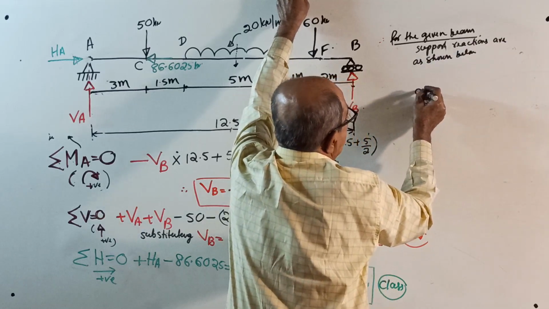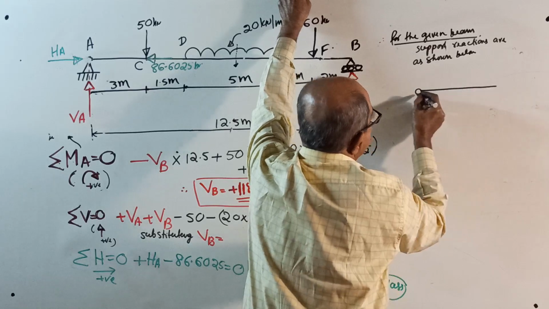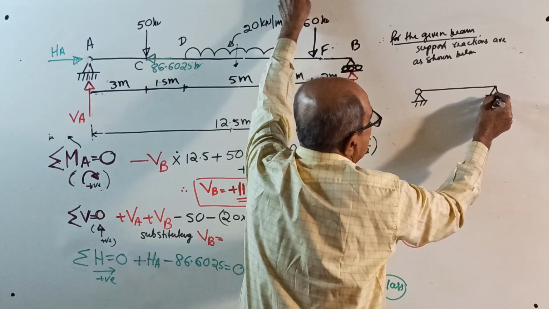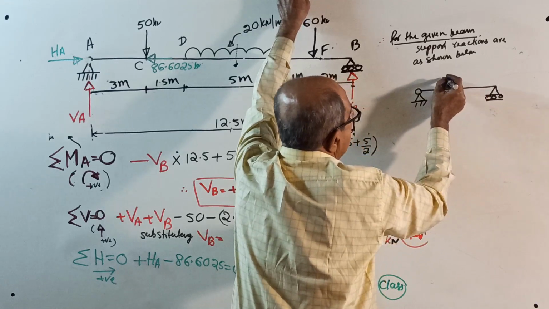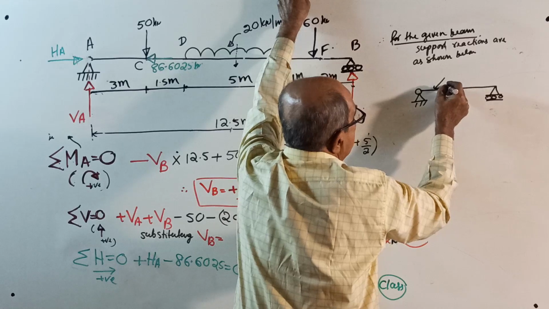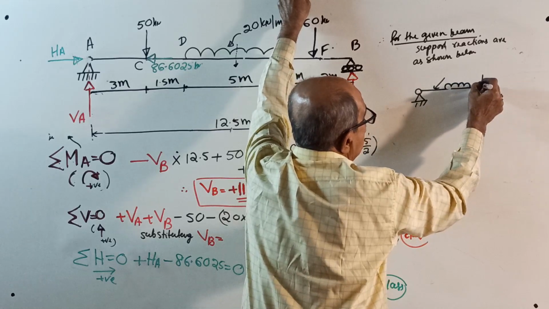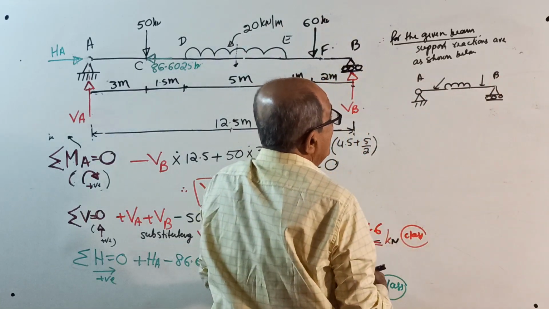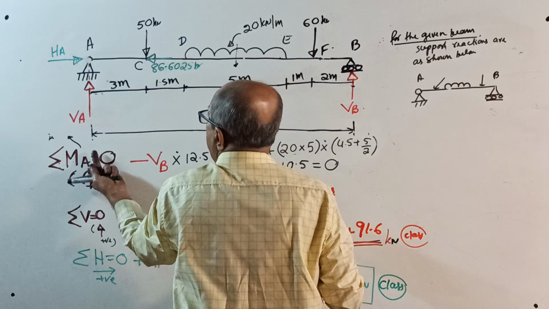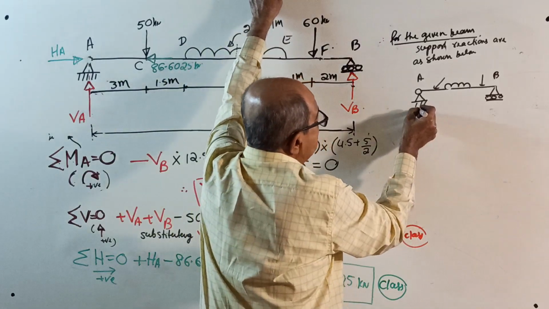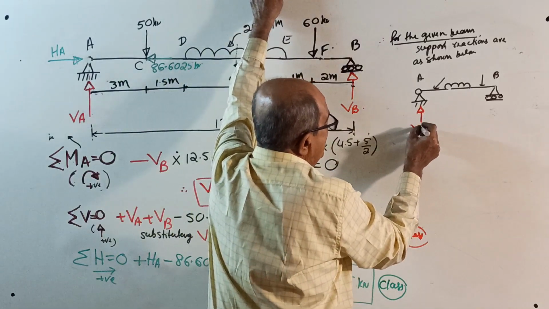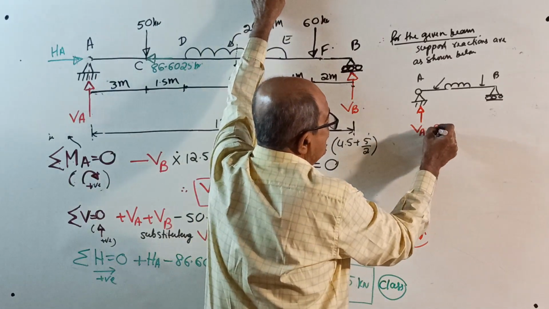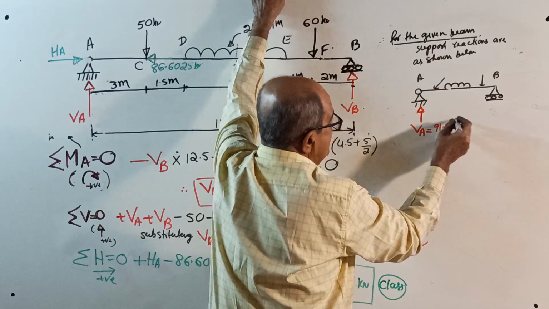This is a hinged support. This is a roller support. Other things are not required. Then one inclined force given here, one UDL given here, one point load given here. This I took as A and B. So the final reaction: VA, you took upward, positive came, correct. VA equal to 91.6 kilonewton.